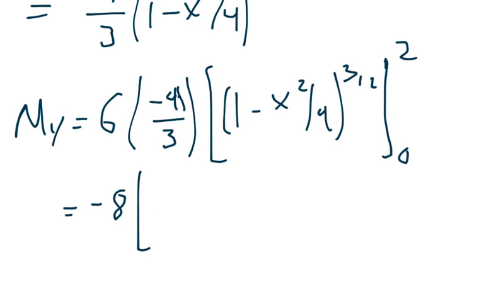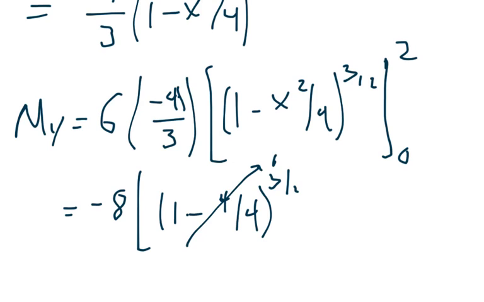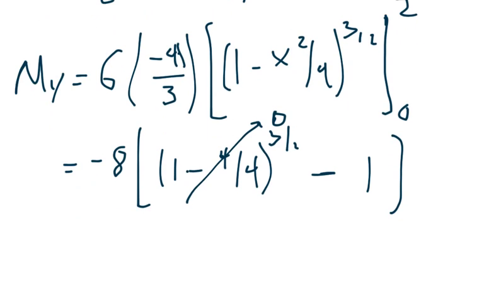Well, if we plug in 2, we have 1 minus 4 over 4 to the 3 halves, so that's just 0, right? But then we have minus (1 minus 0) to the 3 halves, so just minus 1. So our answer is equal to 8.